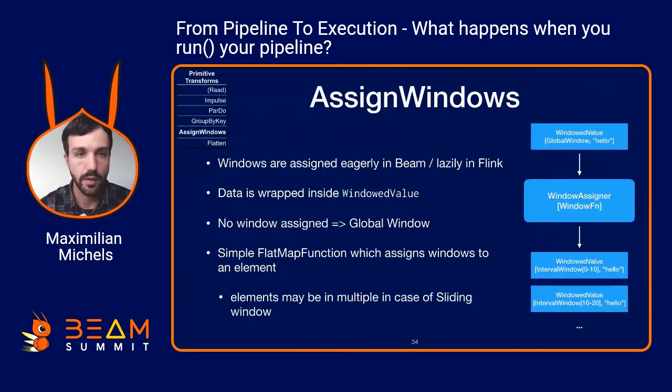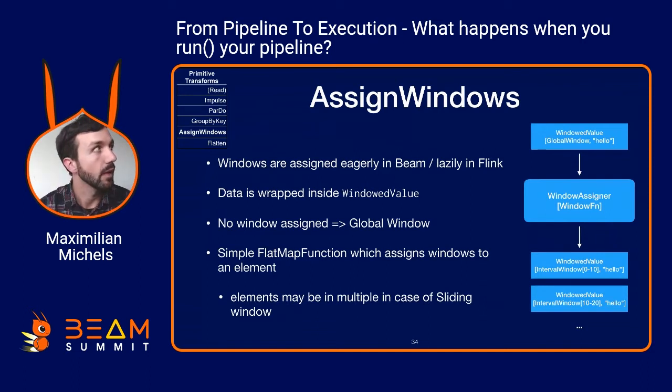And I mentioned windowing, so when we assign windows, in Beam they are assigned eagerly, and in Flink lazily. The way window assignment works is that we wrap the data we have inside a windowed value, which then additionally holds window information. So if we have, like, hello, you would just say interval window 0 to 10, and then include that hello there.